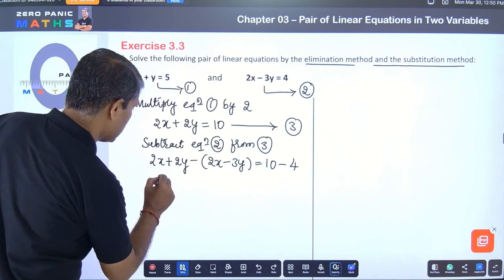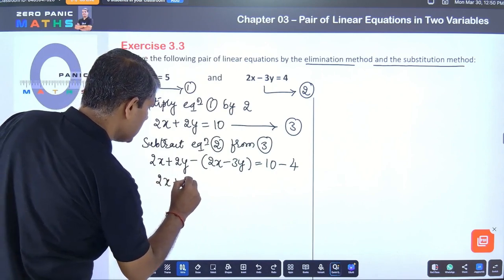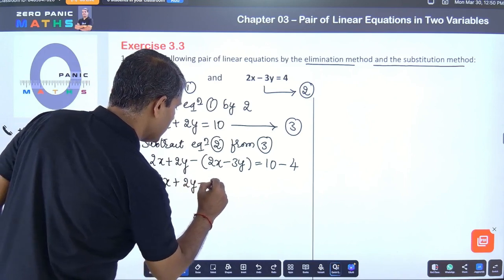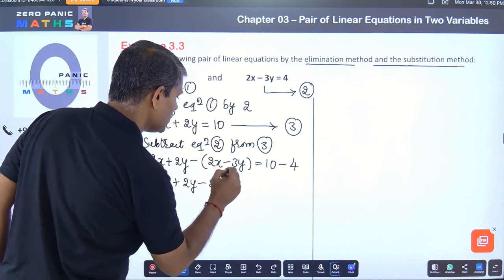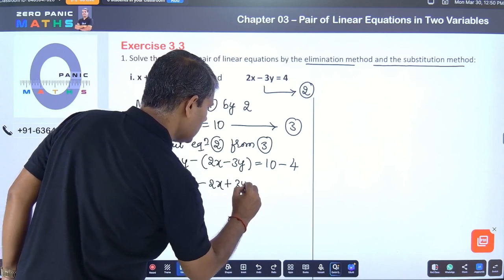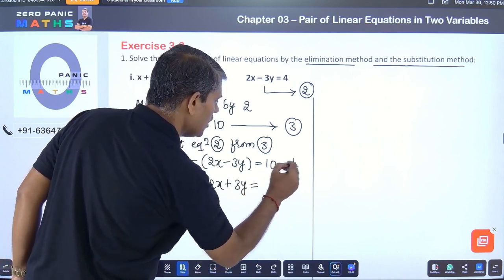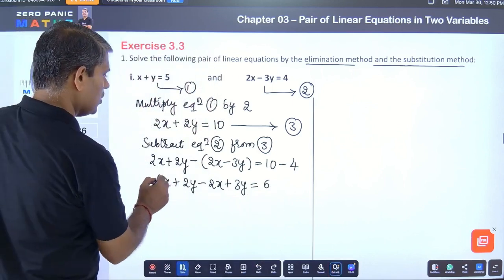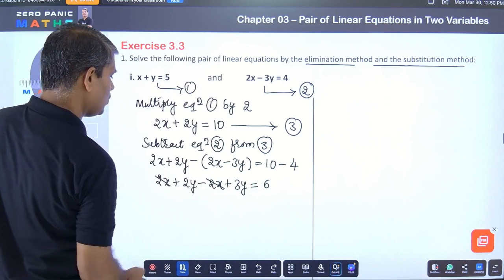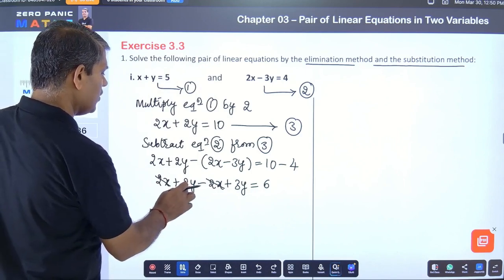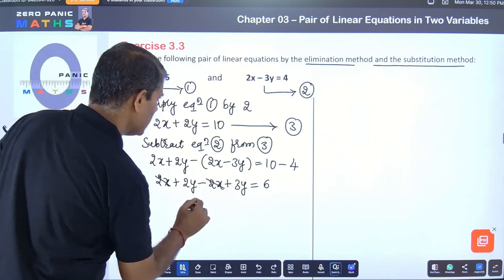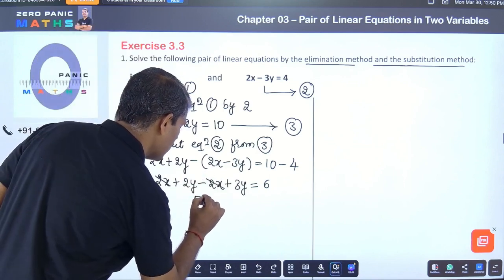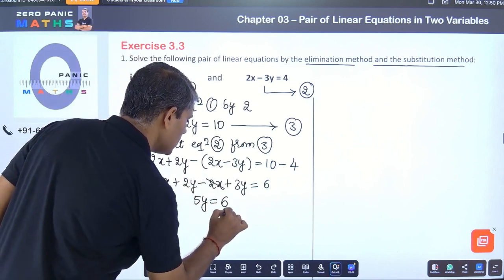So 2x plus 2y minus 2x, and minus into minus, it is 3y is equal to 6. So 2x minus 2x got cancelled, and 2y plus 3y is 5y is equal to 6.